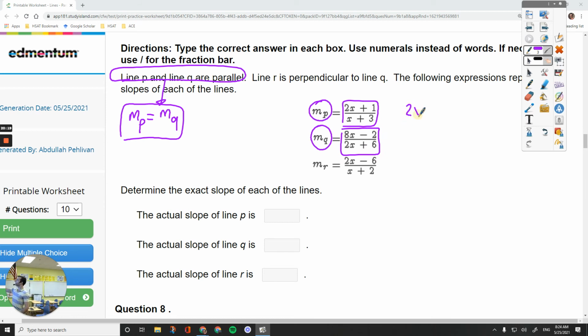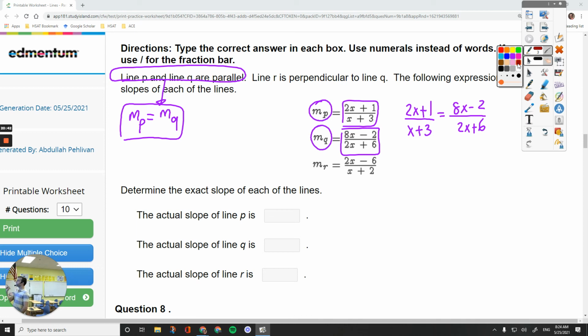So (2x plus 1) divided by (x plus 3) equals (8x minus 2) over (2x plus 6). So what I will do first is, okay, I see that, which is going to make the question much easier, so I'll go with it.